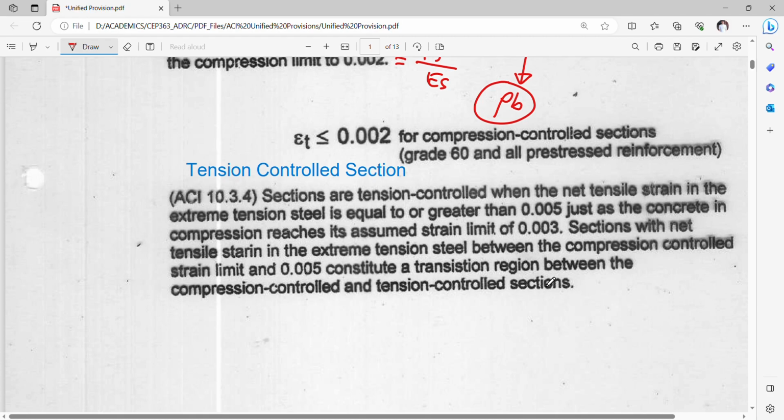So for the tension control section, ACI 10.3.4, sections are tension controlled when the net tensile strain in the extreme tension steel is equal to or greater than 0.005.